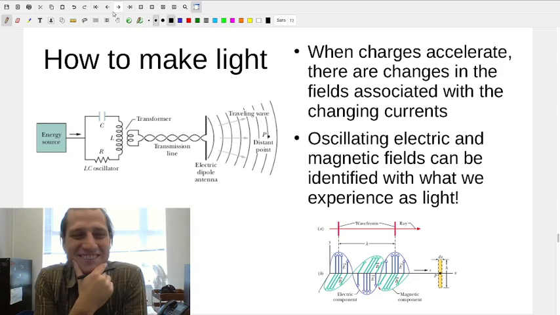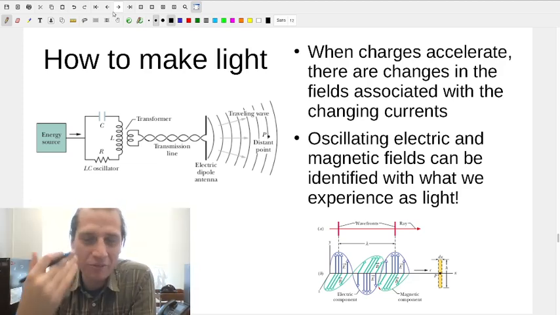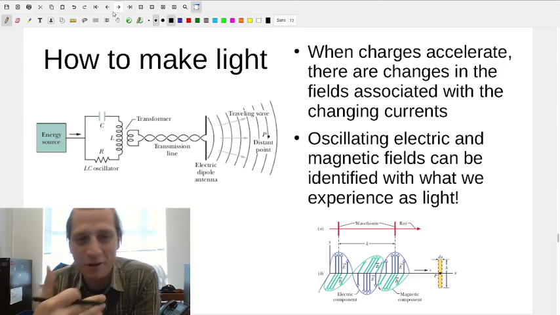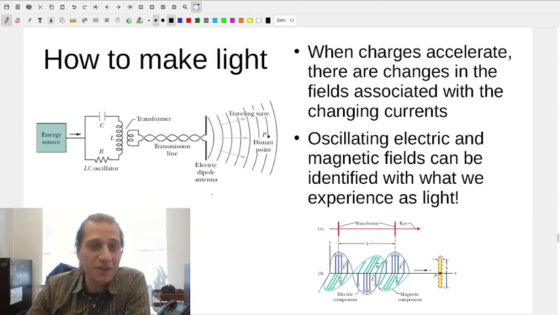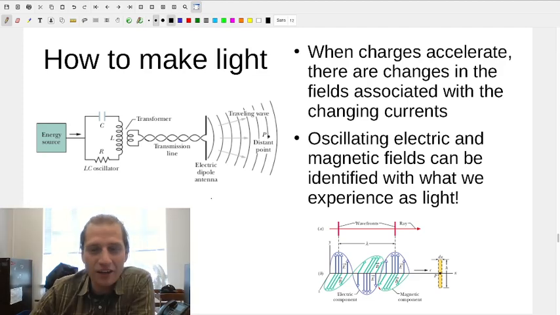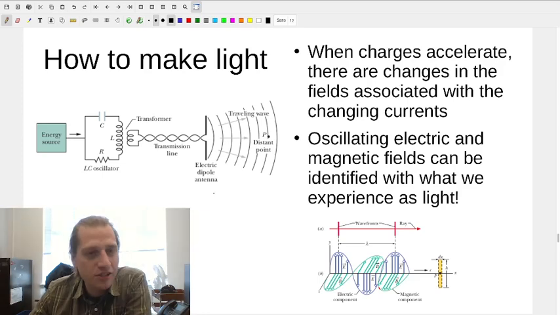And so let's talk a little bit more about something that we have more experience with, and that's light. Now, I want to encourage you that a lot of the stuff from here on out is not fundamentally new physics, it's just applications of old physics.